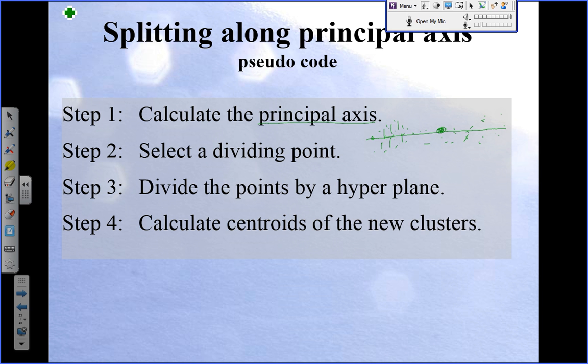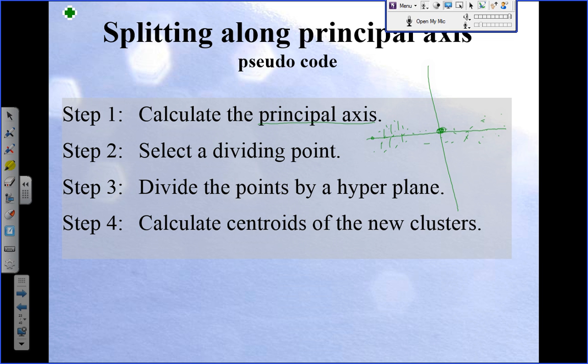We use a hyperplane that is, how do you say in English, this is a pretty difficult word for me, perpendicular or something, kohtisuoraan. So a 90-degree angle between the line and this. In three-dimensional space, you can already see that it's not really a line. If we have this 3D space here, and I have the principal axis going like that, it will be a plane.